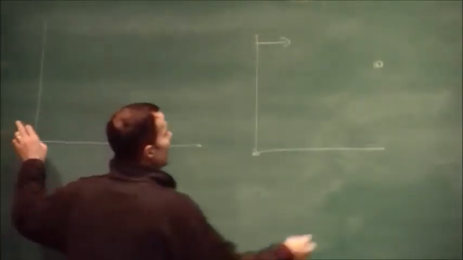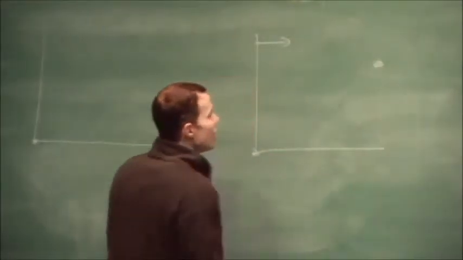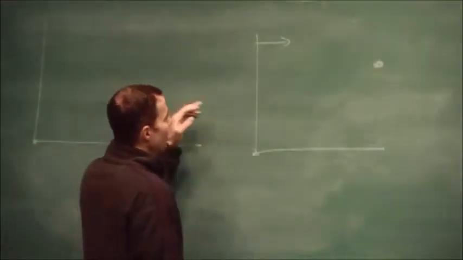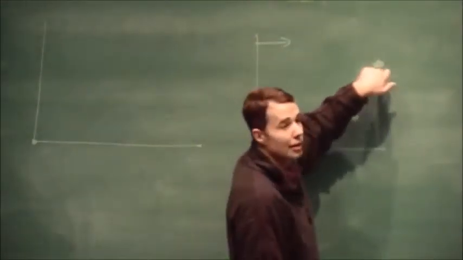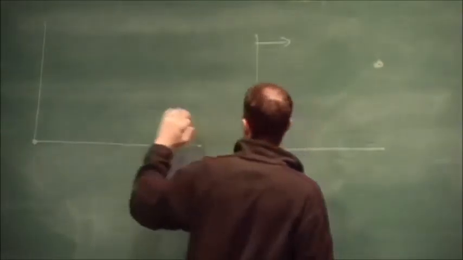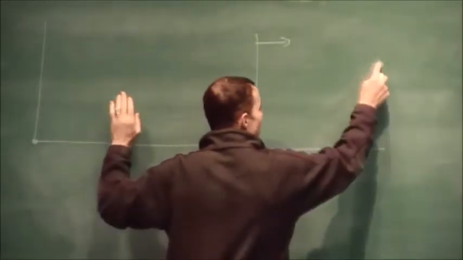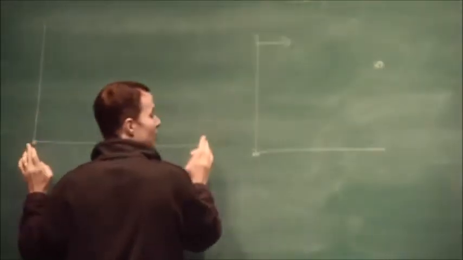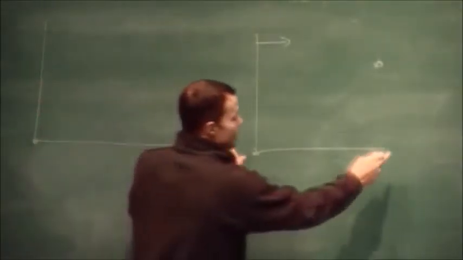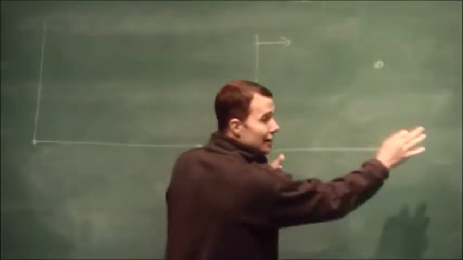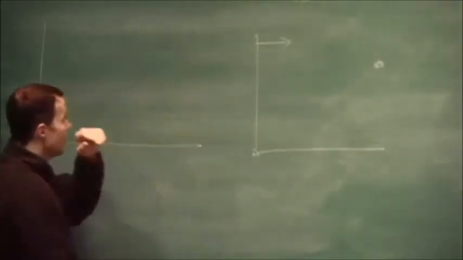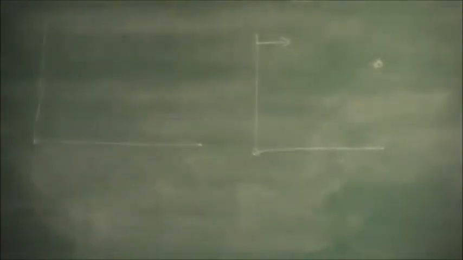And with respect to these 2 reference frames, we're going to have some other object that is moving. So what we want to find out is, how is this object moving with respect to this frame and with respect to this frame, and how can we relate these 2 things? Okay, so this is relative motion in 1 dimension.